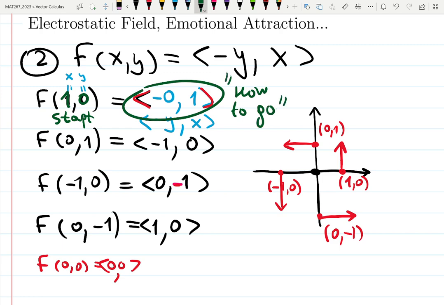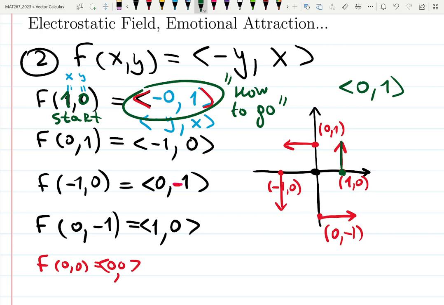So we're fixing where to start. I'm starting at 1, 0. That's the point you asked about, right? And now I'm forgetting about 1, 0 from this point. I just need to fix the location. After this, I don't use it anymore. I only use the right-hand side. The right-hand side tells me to draw a vector 0, 1. You draw a vector with 0 on the x-axis and 1 on the y. So that's up. Make sense?